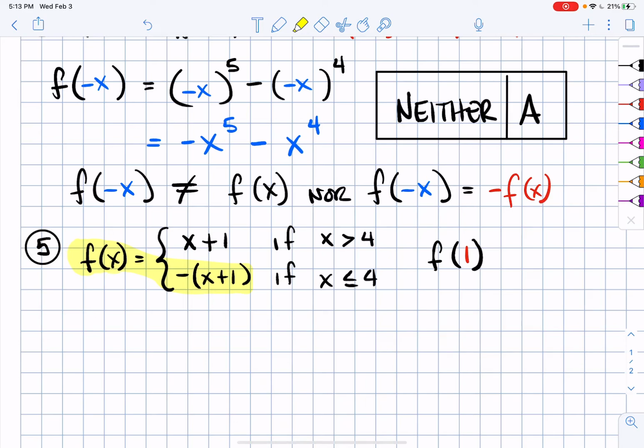So f of 1 is going to equal negative 1 plus 1. So that's going to equal negative 2, which is going to be choice A.